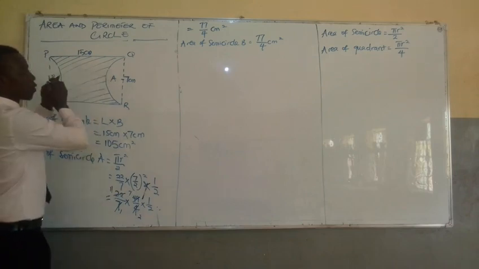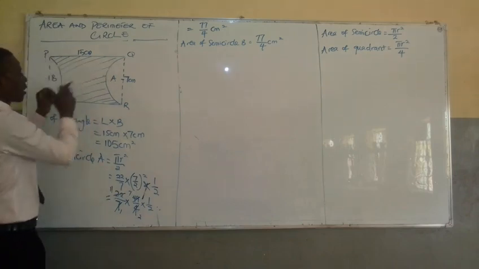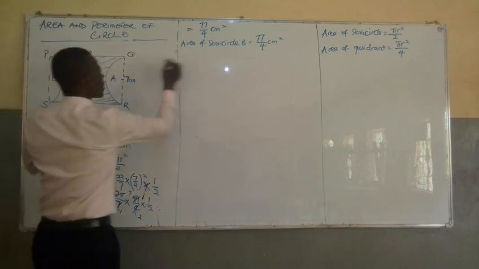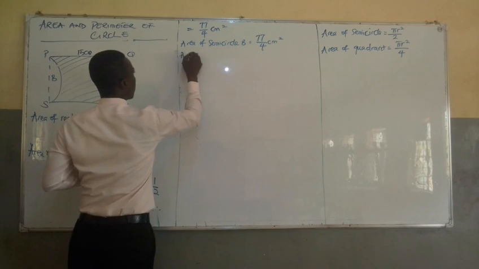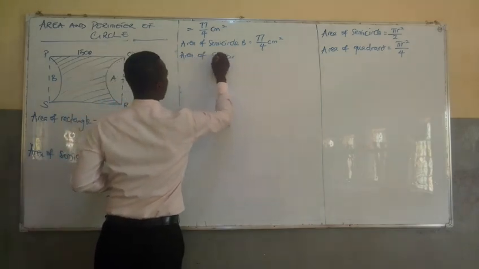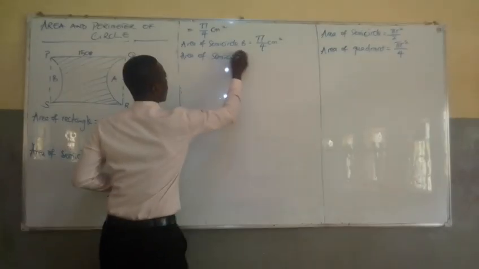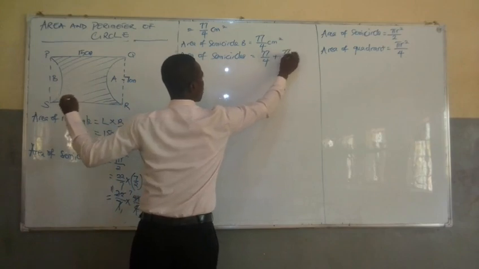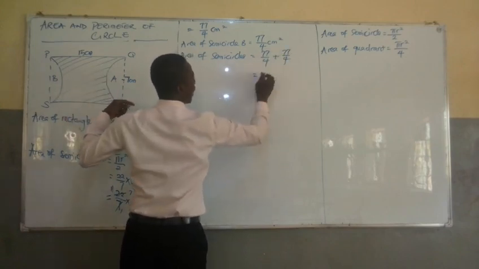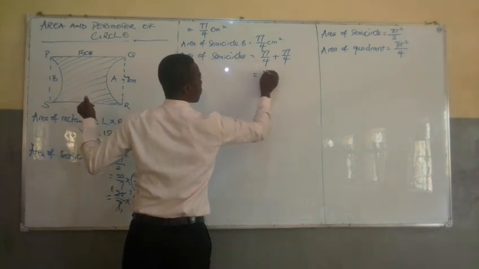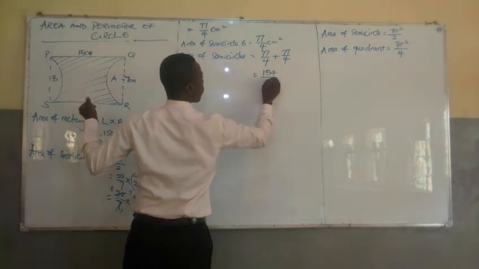So adding up these two together and then subtracting it from the whole area. So I'm going to add the two together. That's the same area of semicircles. That is 77 over 4 for that of A plus 77 over 4 for that of B. And that should give me 154 divided by 4.